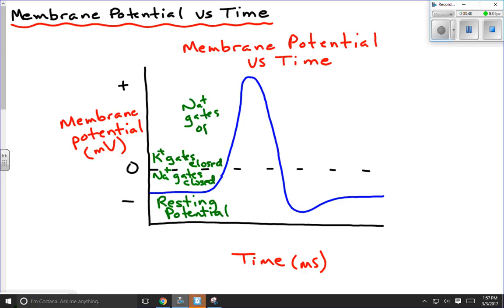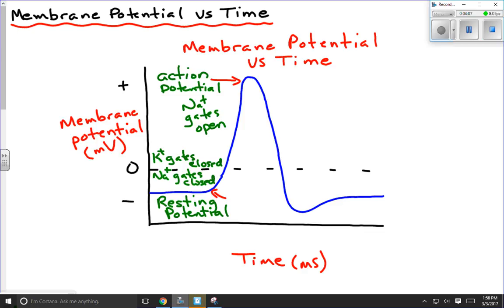Now, when the sodium gates open, we see a dramatic change in the interior of the cell. It goes from resting membrane potential down here that's negative to what we would refer to as action potential, where the inside of the cell is positive. And the reason for that is that sodium ions will flood into the cell. They don't just sort of leak into the cell by diffusion slowly.